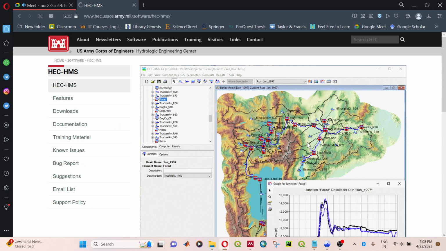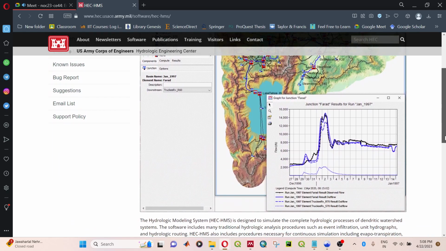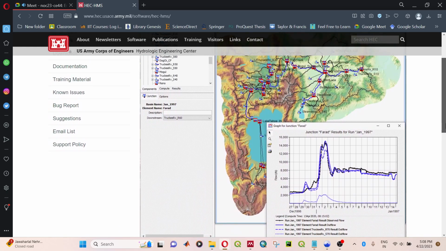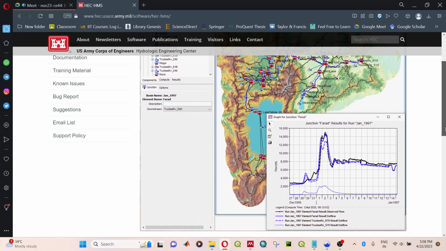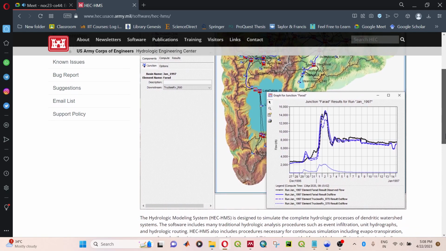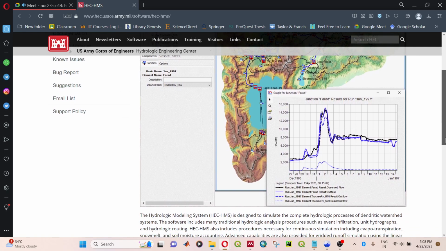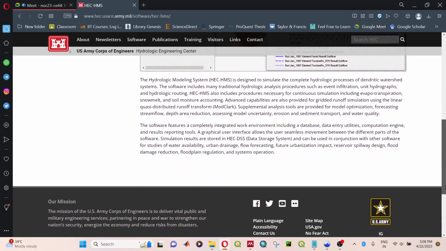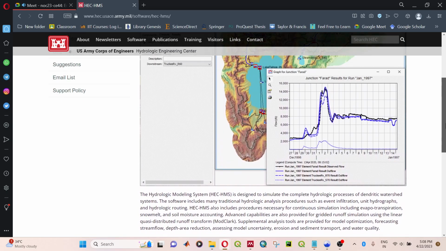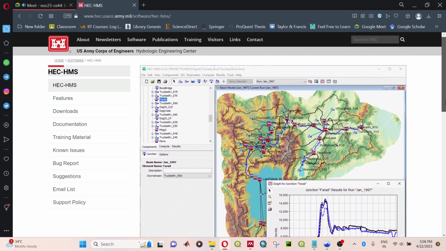This is the entire watershed analysis. Here we will do the hydrological modeling, and later it can be used for flood modeling also. These are some of the advanced software which you can explore if you are interested, and it's all open source software. You can use this.